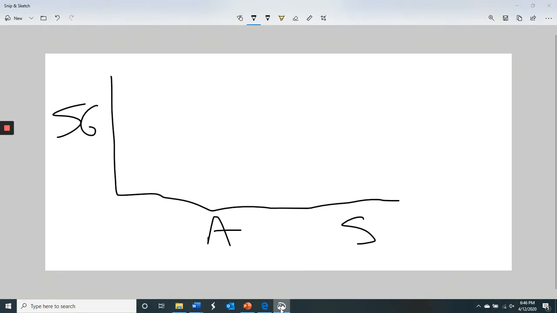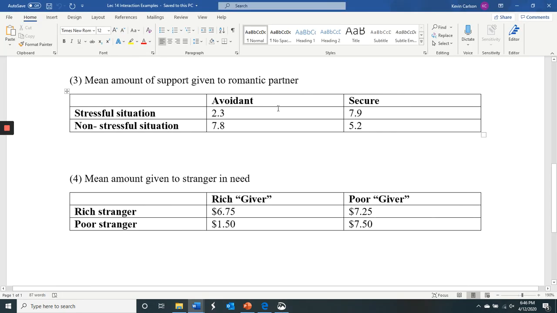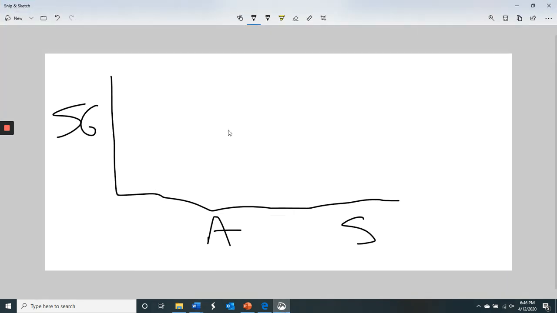So let's do the non-stressful. Avoidance is 7.8 and 5.2 for the secure. So this is the non-stressful situation, around 7.8 and around 5.